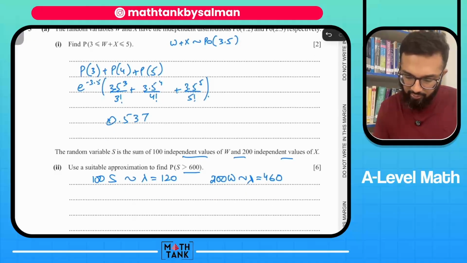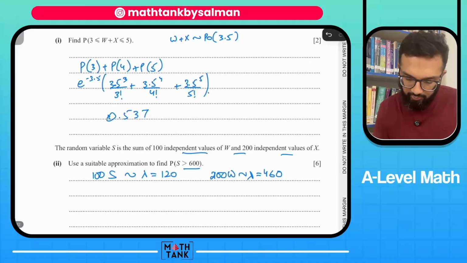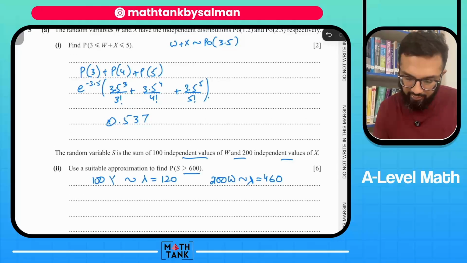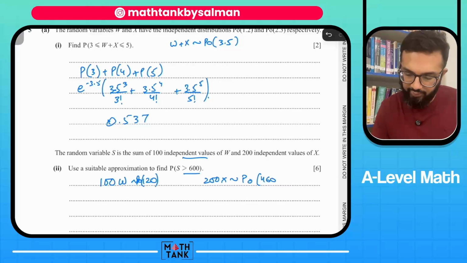Okay, use a suitable approximation. Okay, sorry, this wasn't 10X. I think I've done it the other way around. Okay, let's do this again. 100W will have 120 and 200X will have a Poisson distribution of 460.